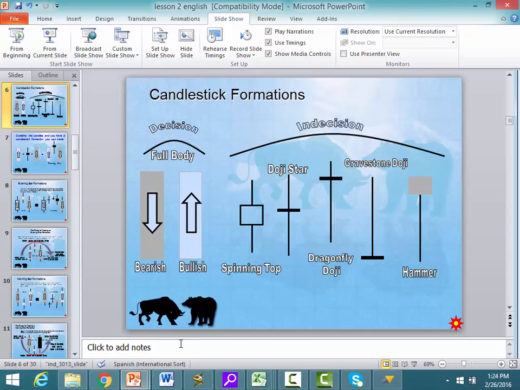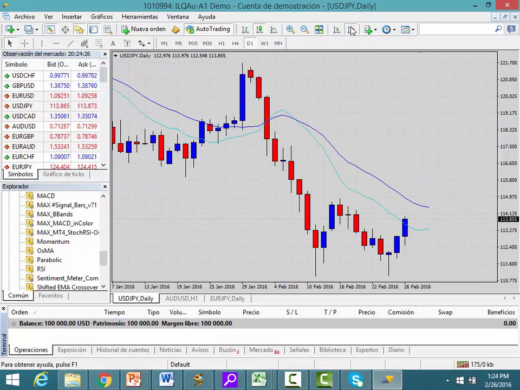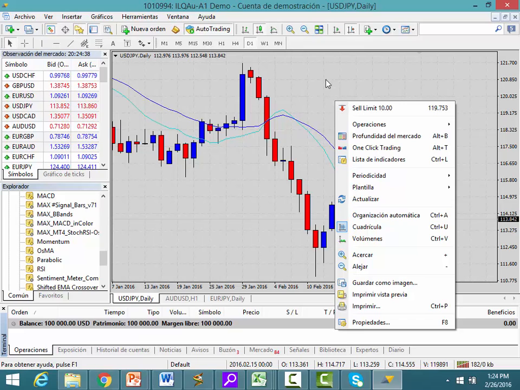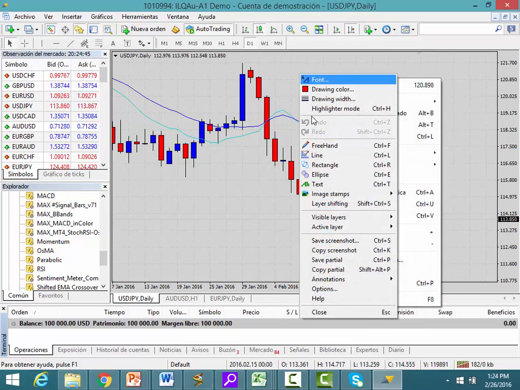So let's go to the pattern. For example, we're seeing the dollar versus the Japanese yen, on a daily candlestick. The platform we're seeing is called the MetaTrader 4 platform, which in prior videos I showed where you can download for free.